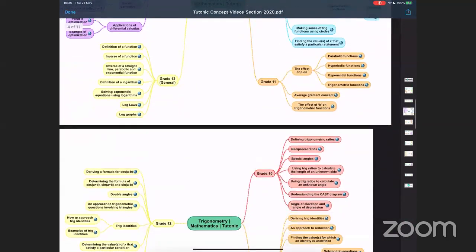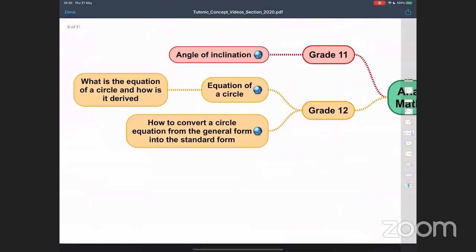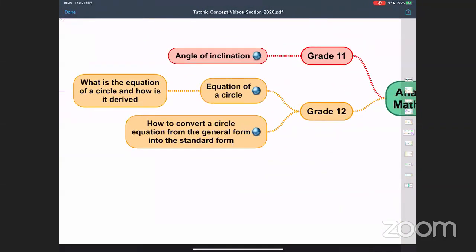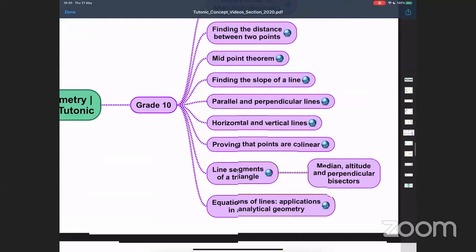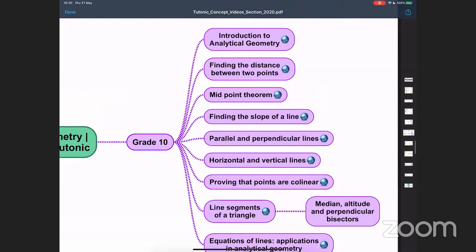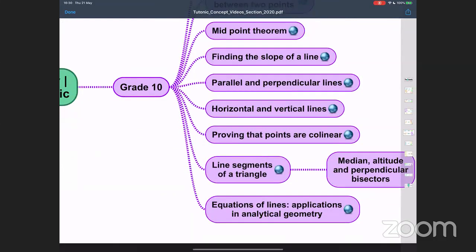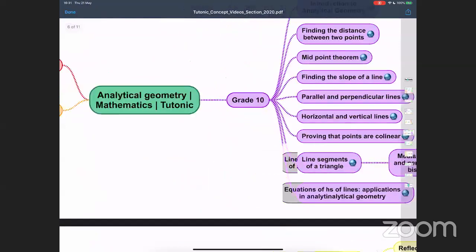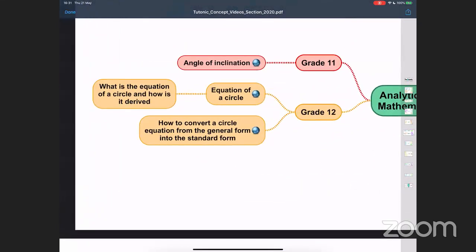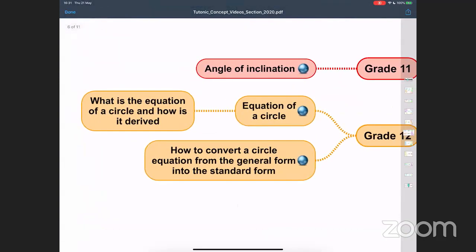If you want to, there are concept videos. For grade 12, there are really only two concept videos, but most of your analytical geometry was taught to you in grade 10. So I strongly recommend, guys, that you go through these, like horizontal and vertical lines. There's not many new things in grade 12.